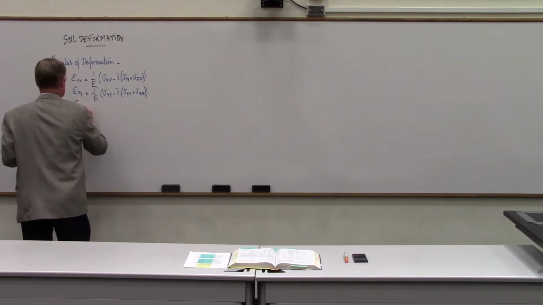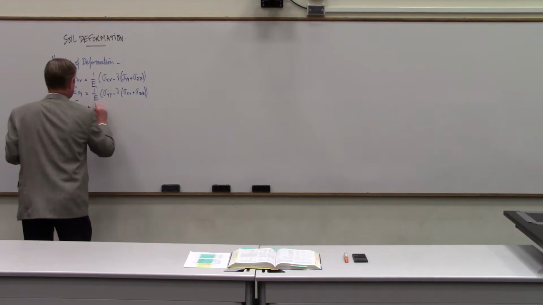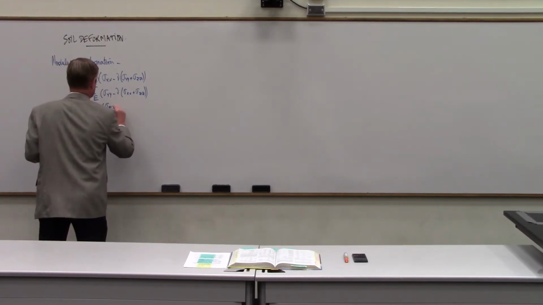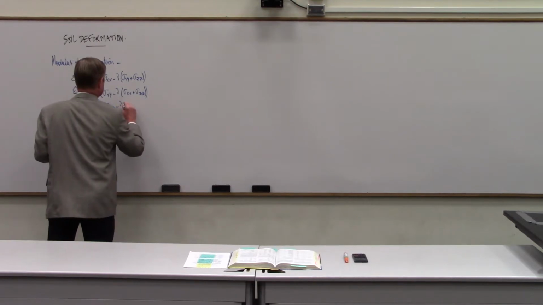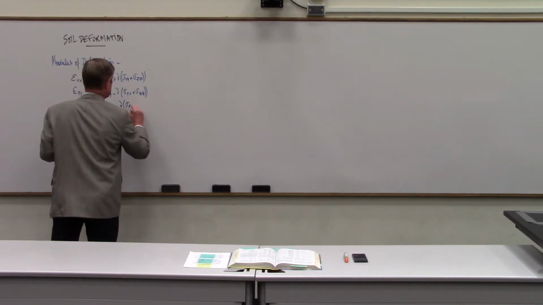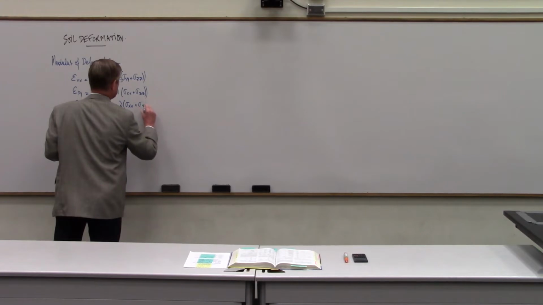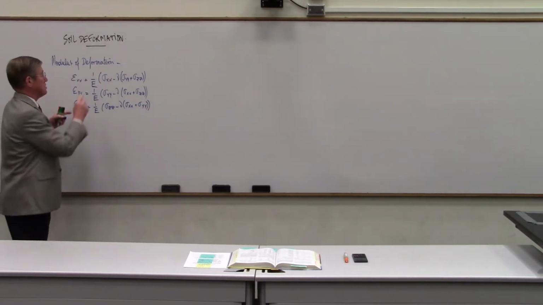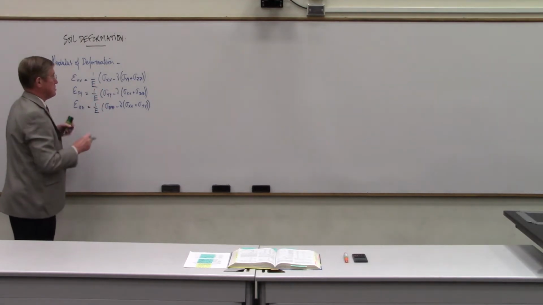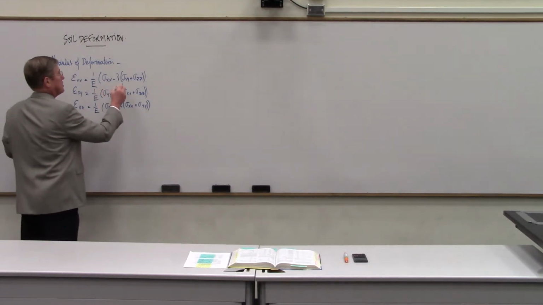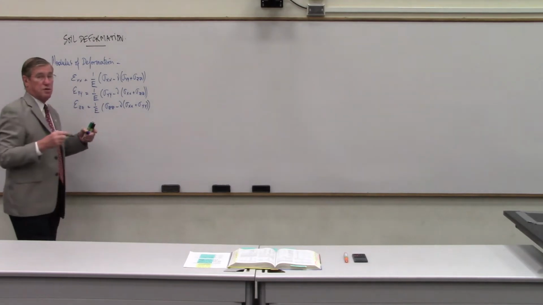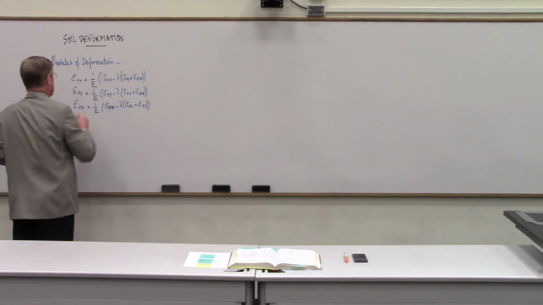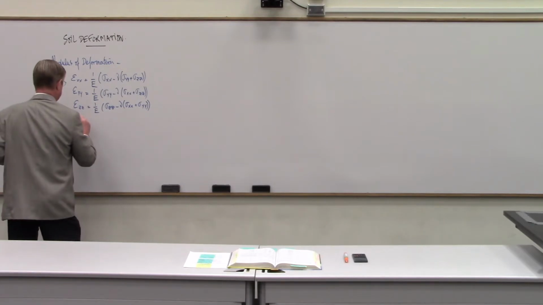And then epsilon zz equals 1 over E times sigma zz minus nu times sigma xx plus sigma yy. These are the normal strains associated with the normal stresses, and you remember that the stresses in the perpendicular direction do influence the strains as well as the one in the major direction.